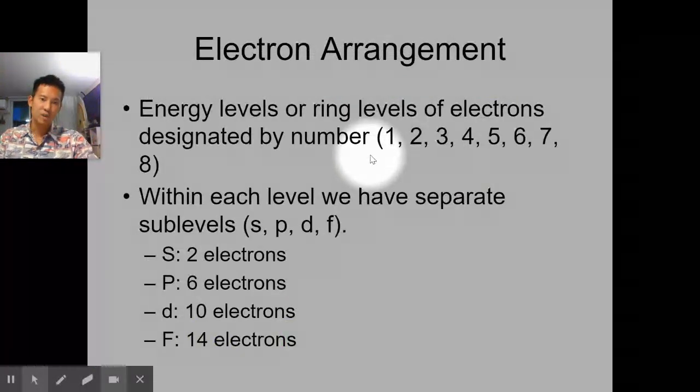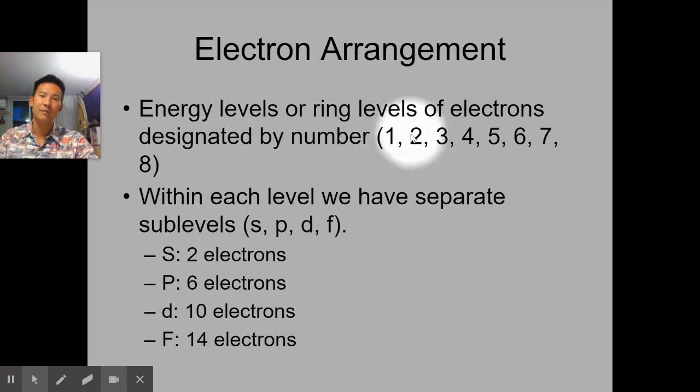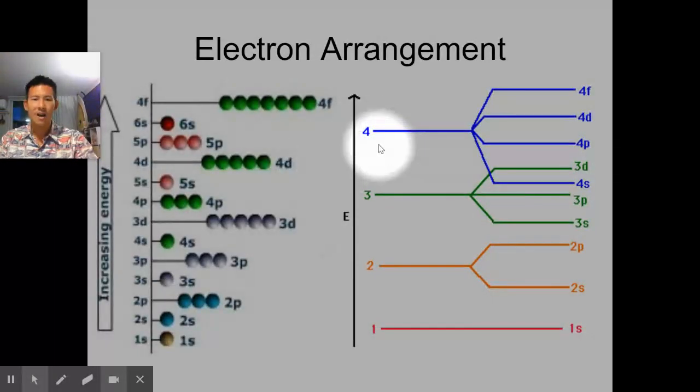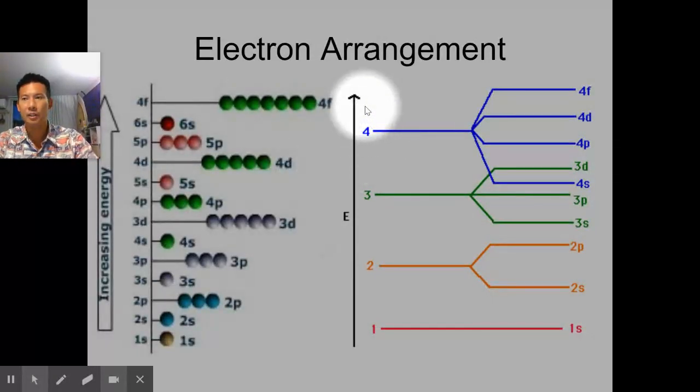Electron arrangement. Do you know that there are different levels that electrons exist in? And again, this is not very accurate, but the ring model is the simplest, as accurate as you can get for simplicity.